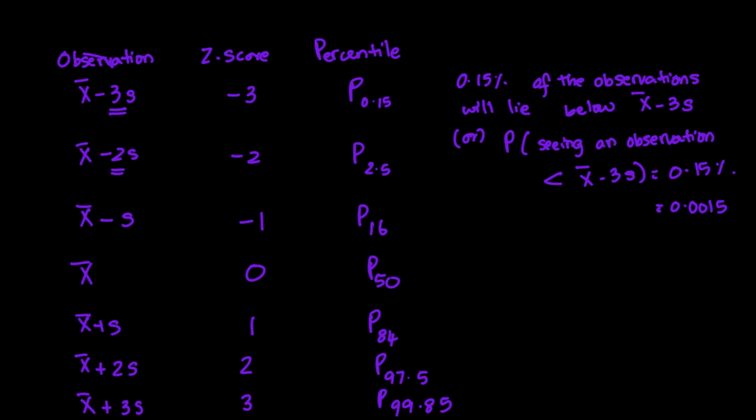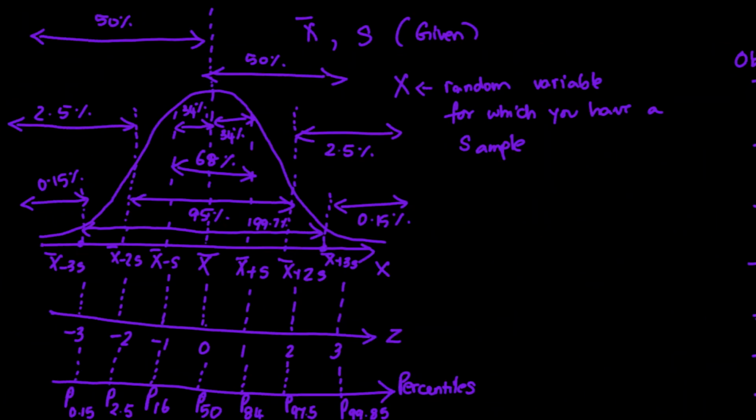But if I moved by a value other than one standard deviation to the left, for instance, if I moved half a standard deviation to the left, I don't know what the probability would be.